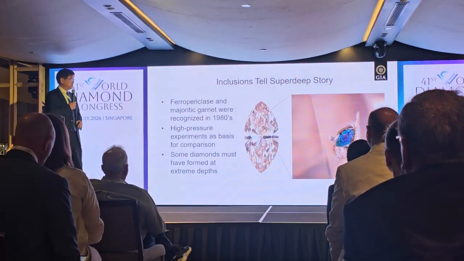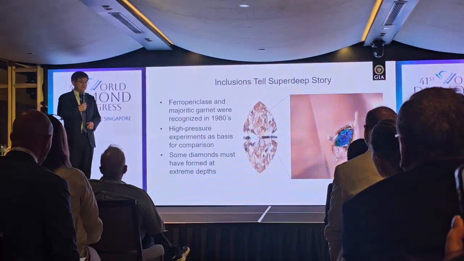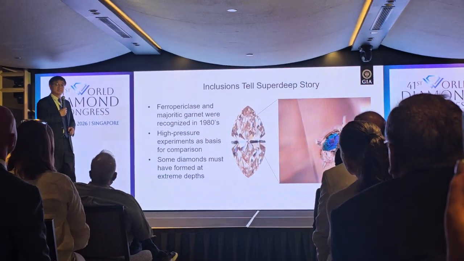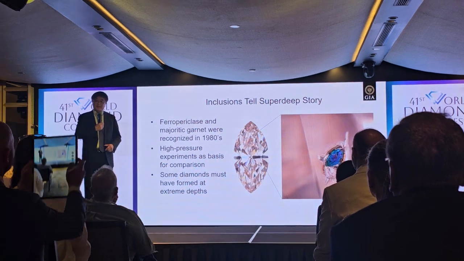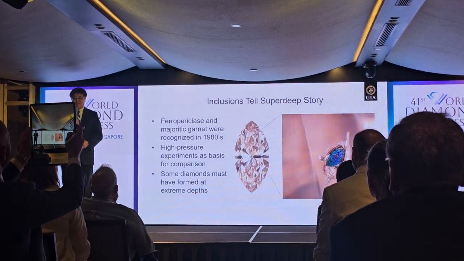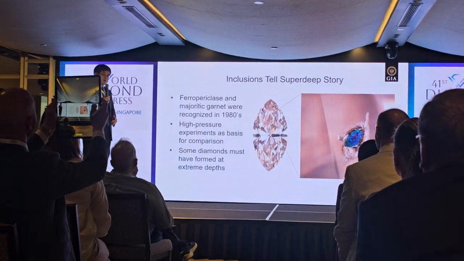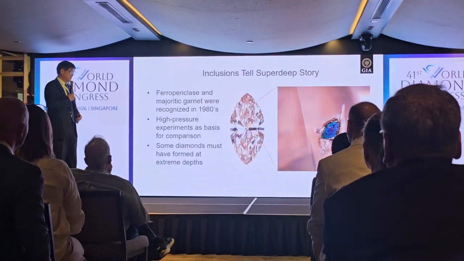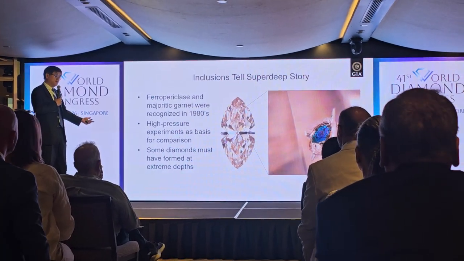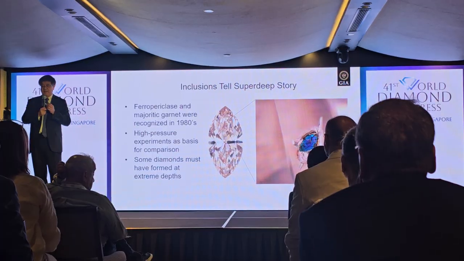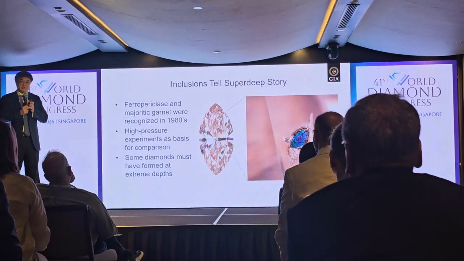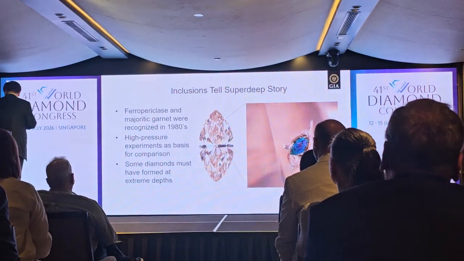In the 1980s, scientists in Australia studied diamond and found something they could not explain. They found a ferropericlase in diamond. We just mentioned that ferropericlase only occurs in the very deep part of the Earth. So we had only the high pressure experiment results that gave us some hint. Some of the diamonds must come from a very deep part of the Earth.